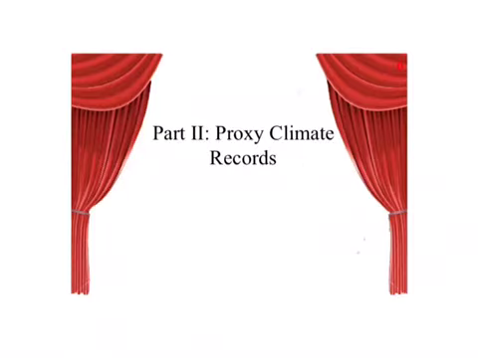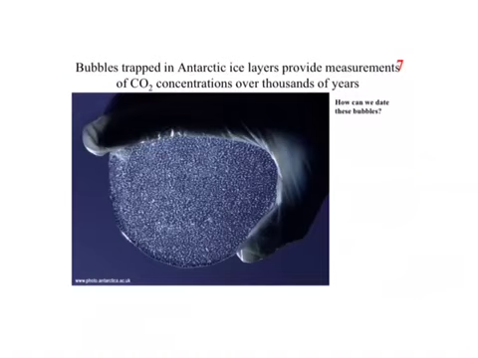So they're called proxies because we can't go back and measure historic carbon dioxide concentrations within the atmosphere, with a few different exceptions. But we need to infer what climate was from things that are strongly responsive to climate.